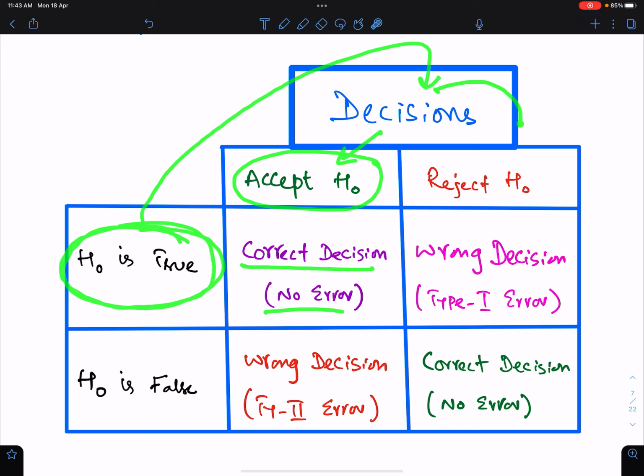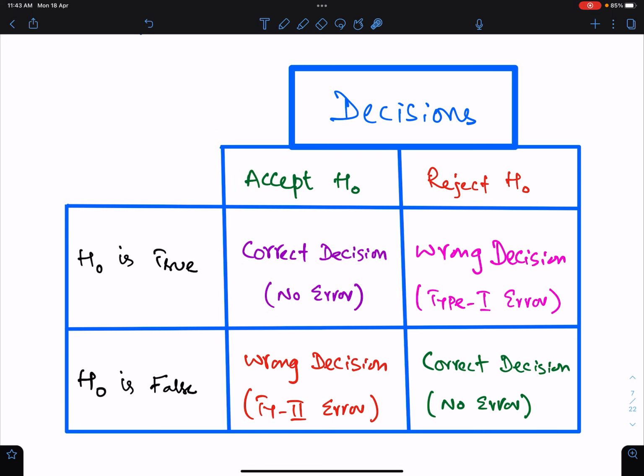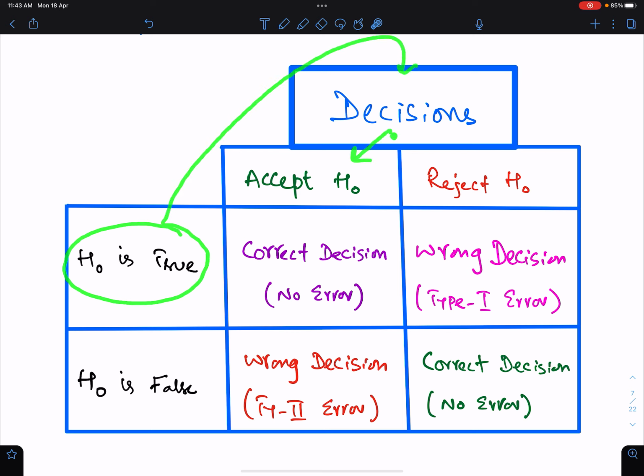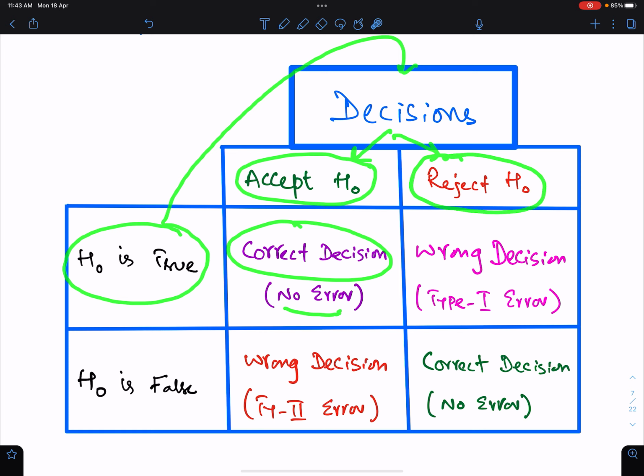And what if the second decision is H0 is rejected? Then the decision is wrong decision, and a type 1 error will be made.